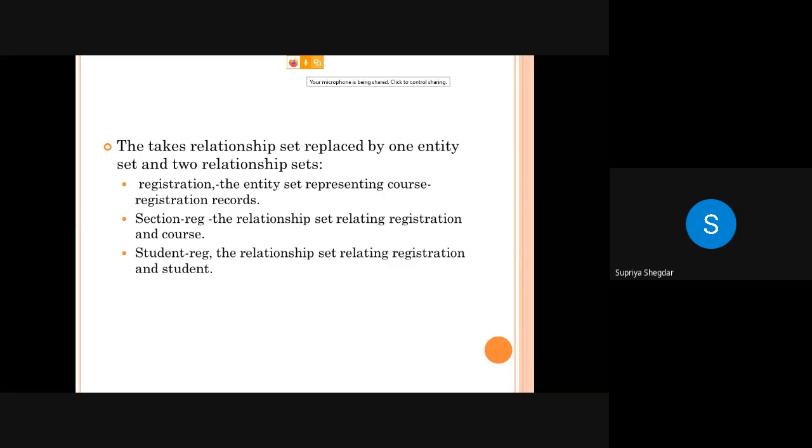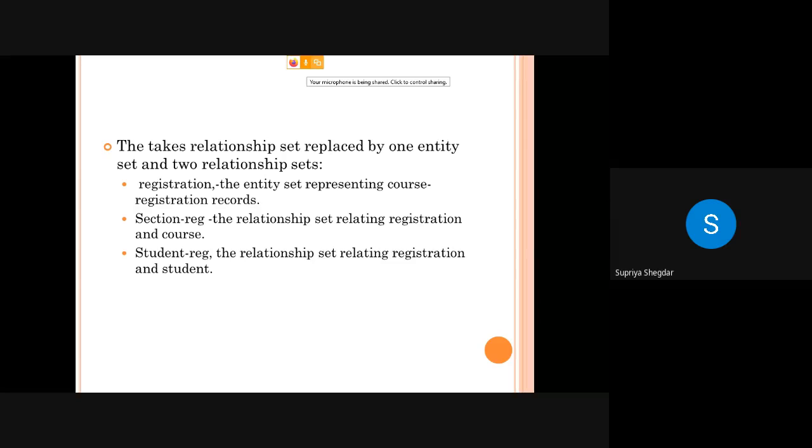Then section registration is the relationship set representing the relation between the registration and the course. And student registration is the relationship set relating the registration and the student.